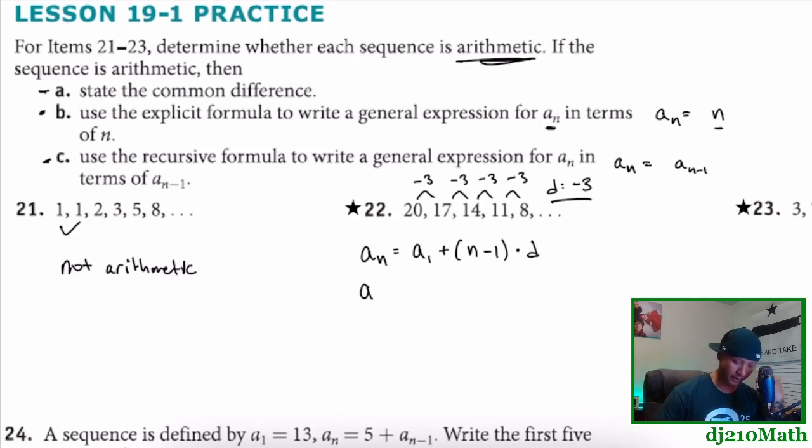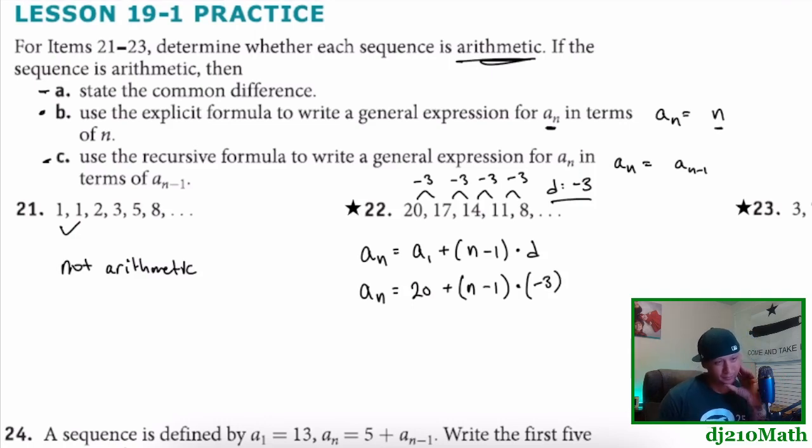So A sub n is equal to A sub 1, the first term, 20, plus n, that's the variable, minus 1 times -3, the common difference. So there it is in terms of n.